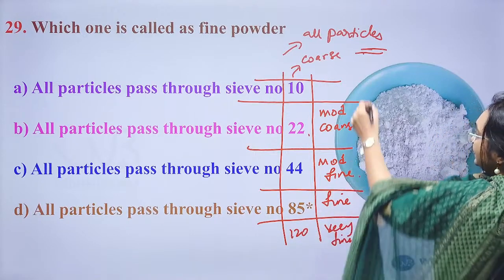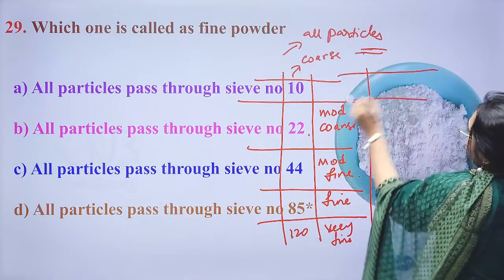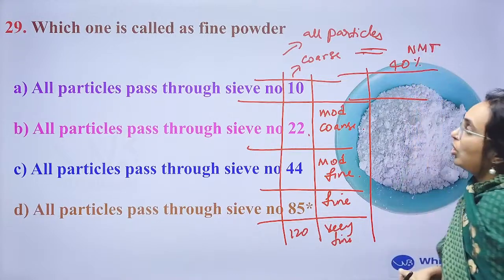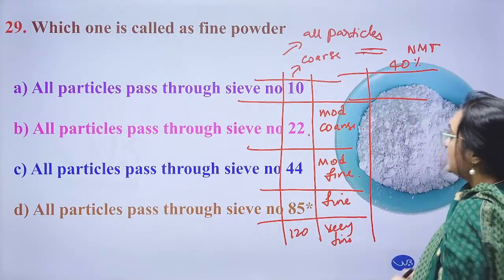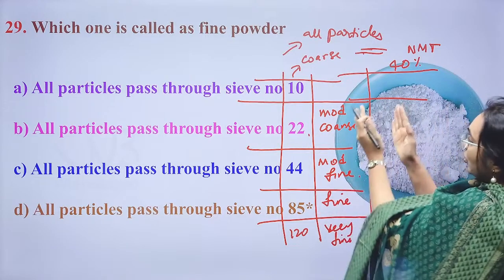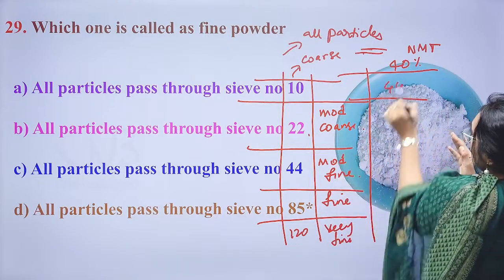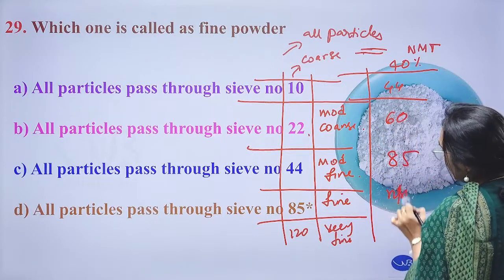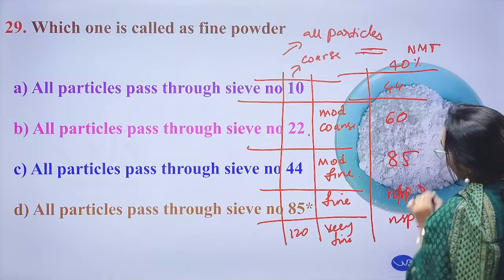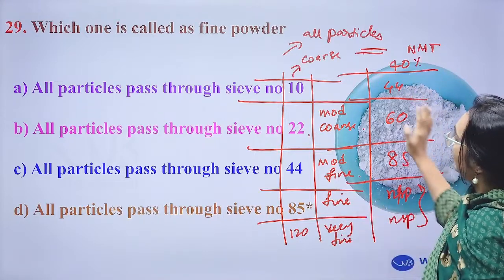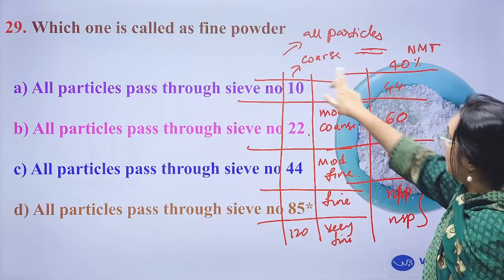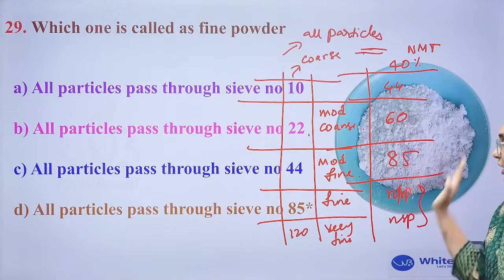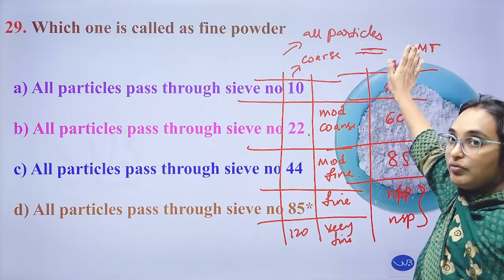Okay. So, there is also one part of 40%, not more than 40%. The sieve through which not more than 40% of particles will pass: for coarse powder it is 44, for moderately coarse it is 60, for moderately fine it is 85, and not specified for fine and very fine.